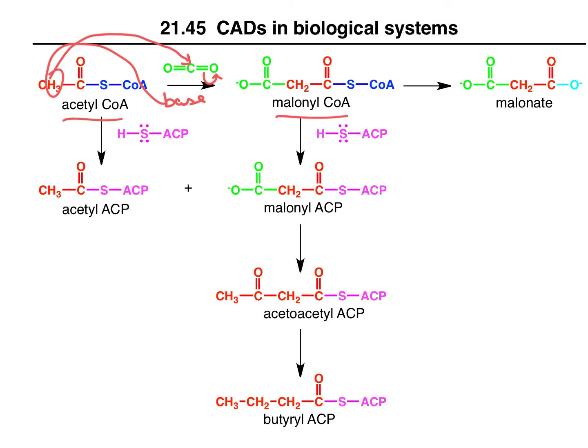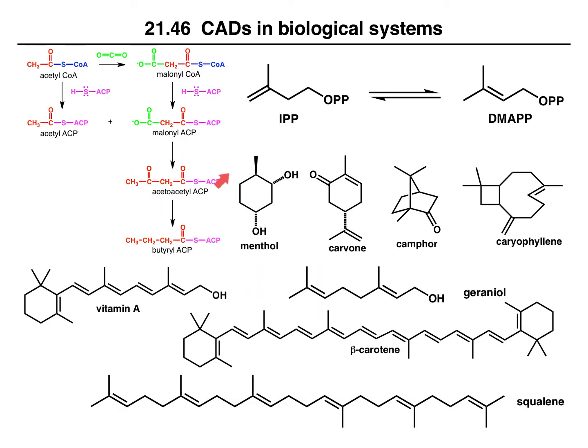So who cares about this? Let's look at the next slide. This compound, the acetoacetyl ACP, this is converted in a few steps to IPP, which is called isopentenyl pyrophosphate, and IPP is in equilibrium with DMAPP, dimethyl allyl pyrophosphate. And both of these are involved in the biosynthesis of terpenes.